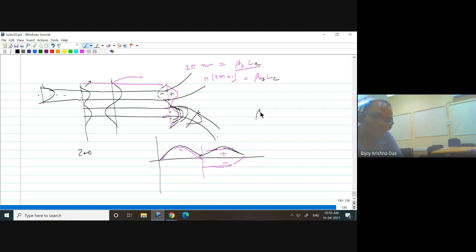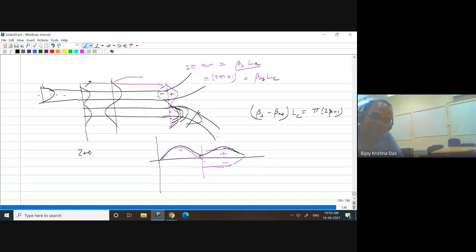So I can say that (beta s minus beta as) times LC equals pi, or more generally an odd integer multiple, 2p plus 1 times pi.